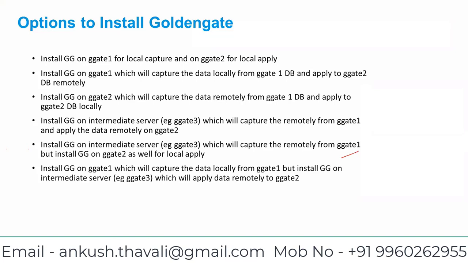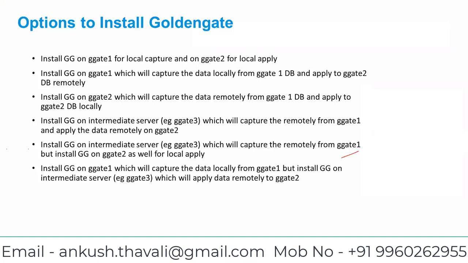Golden Gate as a hub is right now getting very popular. It becomes easier to manage when Golden Gate is in a hub. For best performance, guys, it is always recommended to go with local capture and local apply. But in a hub, the advantage is you have only one Golden Gate installation to manage.